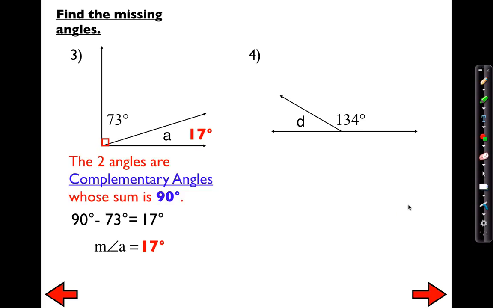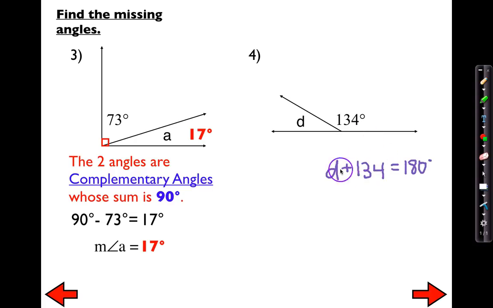Okay, now at this point I want you to try number 4 as well. So go ahead and pause the video and see how well you do. Okay, so here at this point, I hope you recognize that these two angles are supplementary, which means they're going to add up to 180 degrees. So I'm going to take the angle D along with the angle 134 and solve.